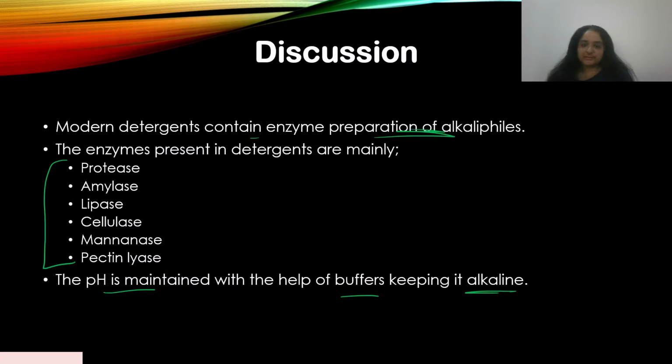Yeah, you can note down the list of the enzymes that are there. Just understand that, learn it as a fact. Modern detergents contain enzyme preparations of alkaliphiles. They are alkaline loving. Okay, let's move on then.